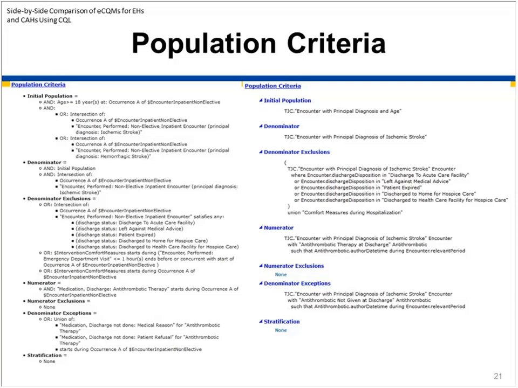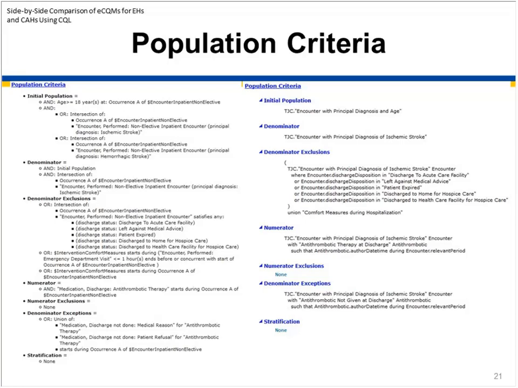There's also, you'll notice this TJC dot. This is a reference to a library. So we'll look more at that later. But you can also see things like queries. So this is a query here in the Denominator Exclusions with things like aliases and clauses. We'll talk more about what those are. But broadly, you can see the same type of measure structure.